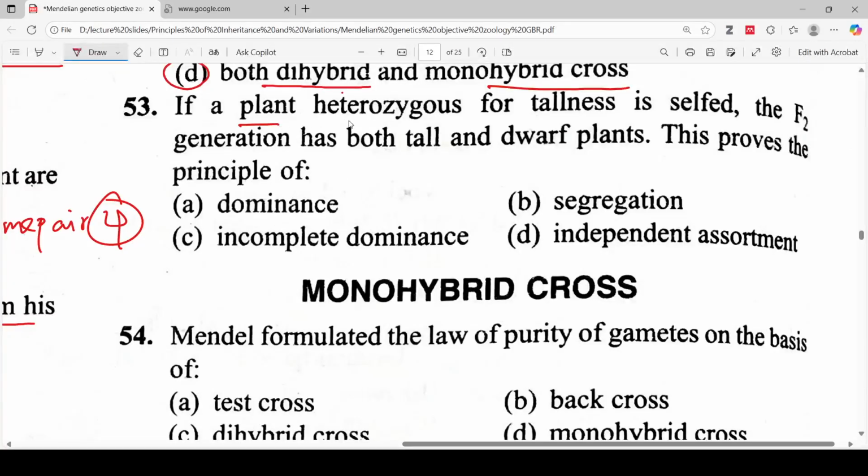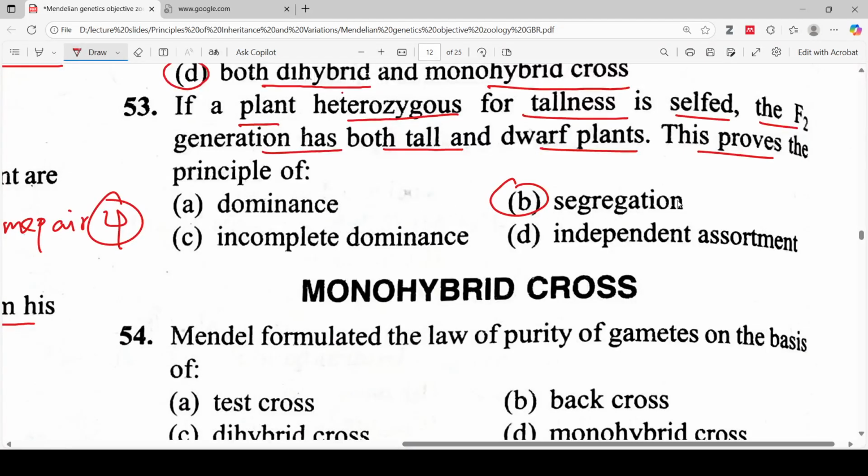If a plant heterozygous for tallness is selfed, the F2 generation has both tall and dwarf plants. This proves the principle of segregation.